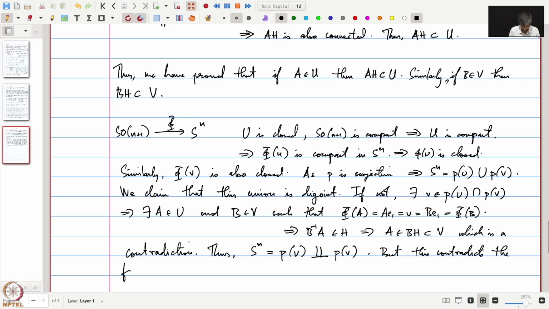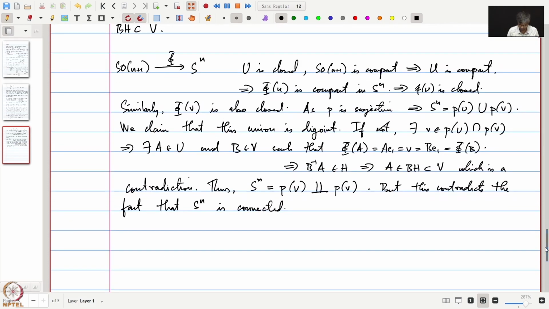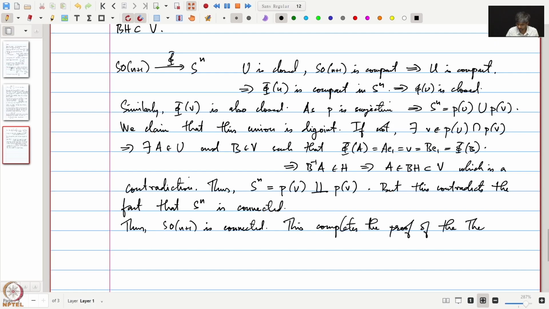Yeah. So thus SO(n+1) is connected. So this completes the proof of the theorem. So we will end here.